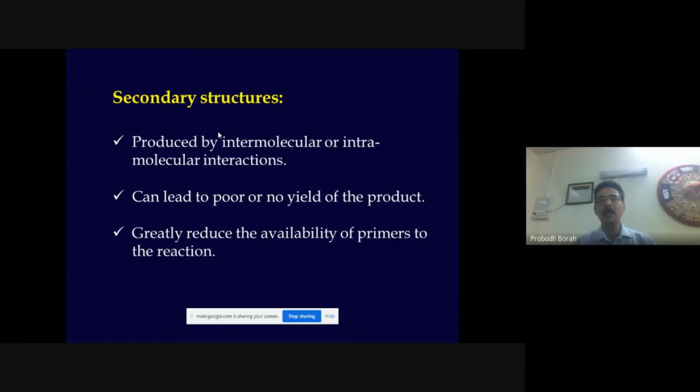Intramolecular means within a single molecule. These interactions take place because of complementarity between 2 parts of the same sequence or between two segments of two different sequences. So it can lead to poor or no yield of the product and can greatly reduce the availability of primers to the reaction.